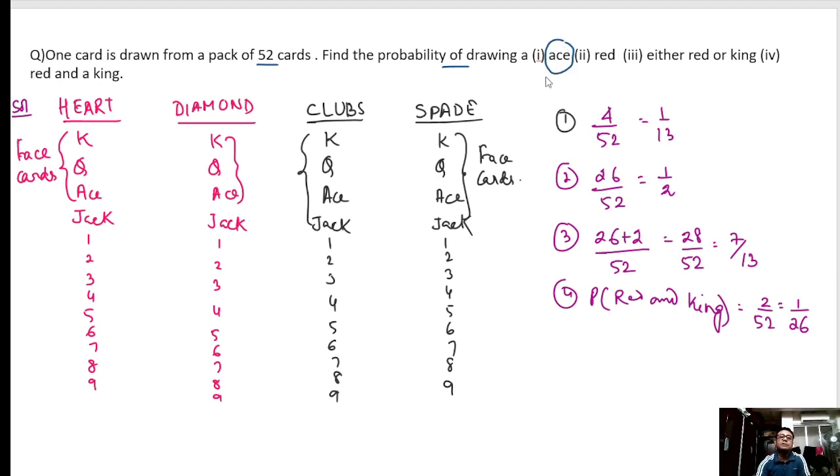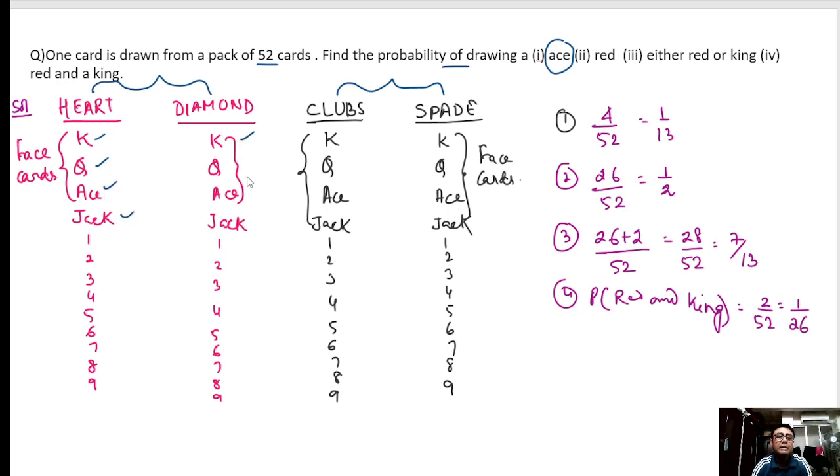Okay, first of all, see, we know 52 cards, so there are 2 of red suit, 2 of black suit. The red suits are called heart and diamond. In that heart you have a king, a queen, an ace and a jack.